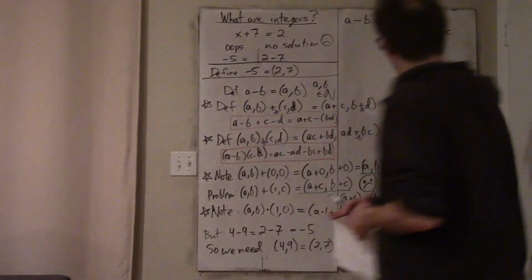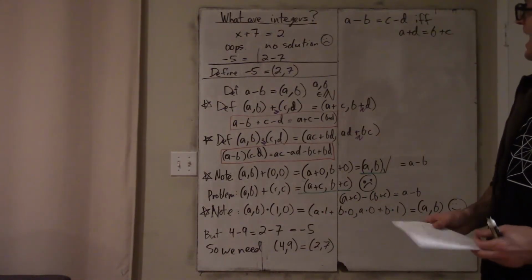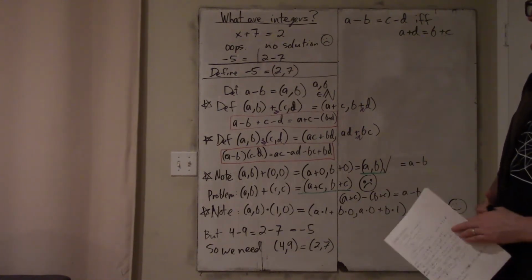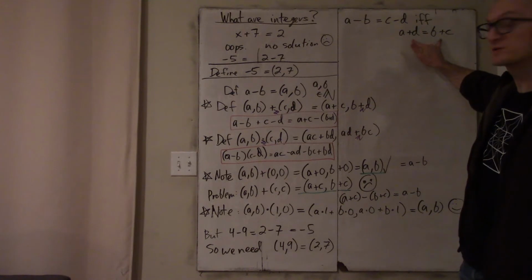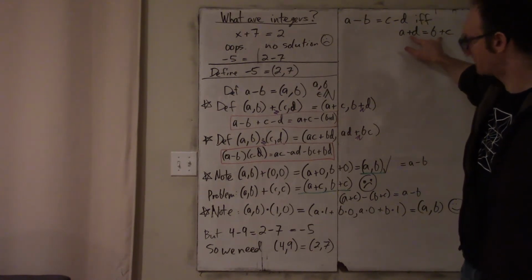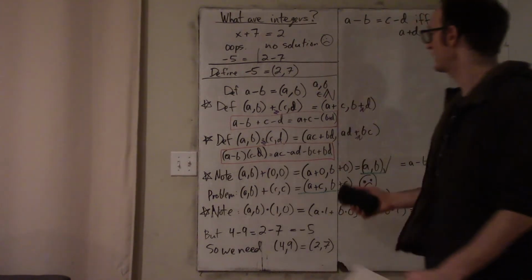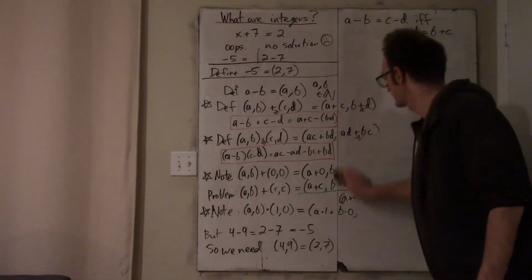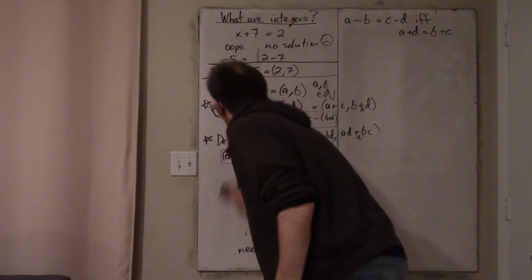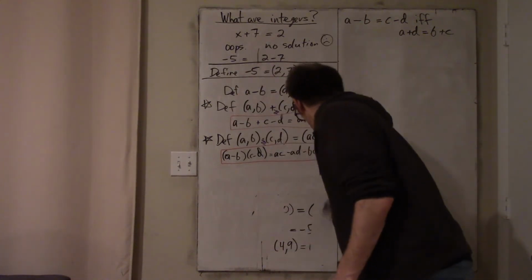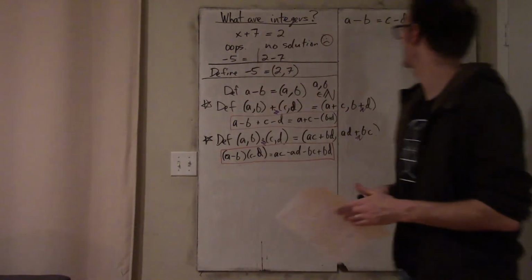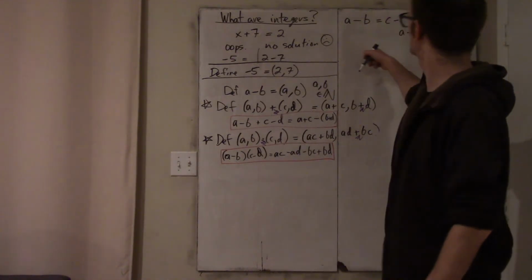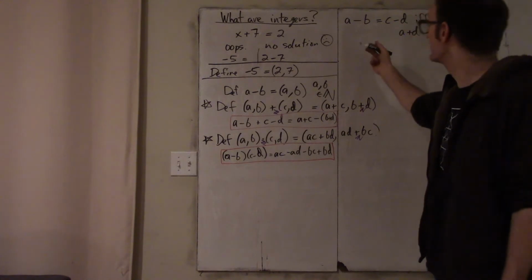Okay, so I think it's pretty clear how I want to proceed. I want to make two ordered pairs of naturals equal if they have this relationship to each other. Let me erase all this stuff to clear a little room, and then we'll do basically exactly what we did last time. We'll establish this equivalence relation.